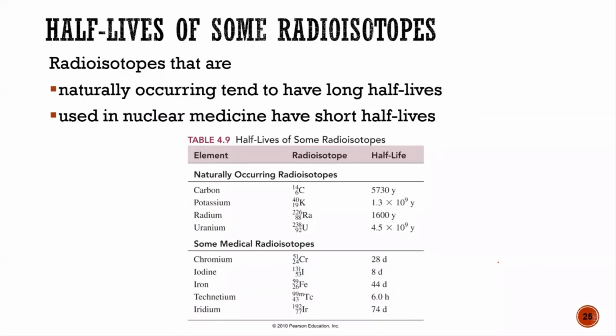So the reason why I like bringing up half-lives is there are radioisotopes everywhere, and they're naturally decaying. And some have really long half-lives, and some have really short half-lives. The ones that have really short half-lives are extremely useful in the medical field, right?